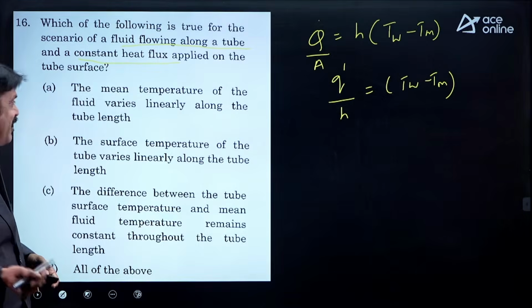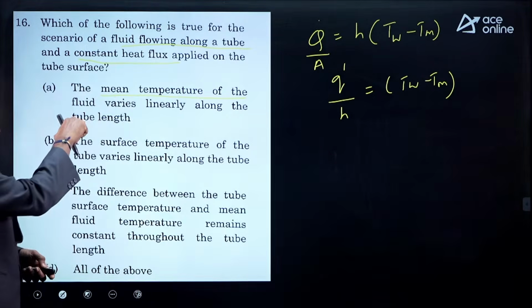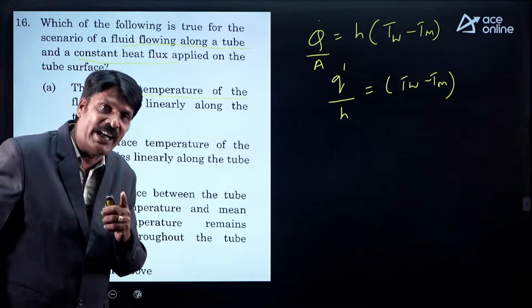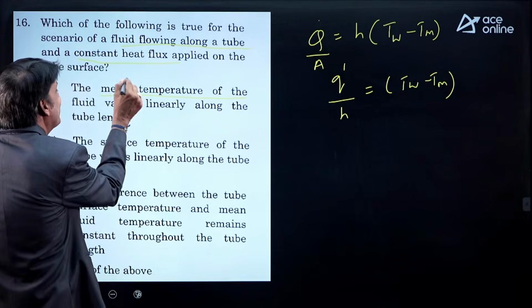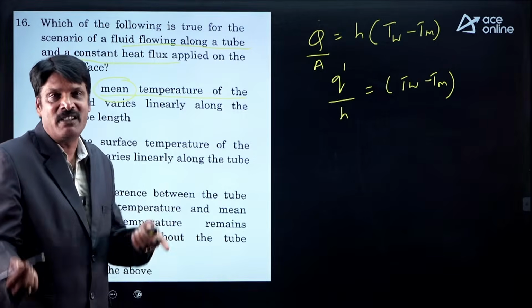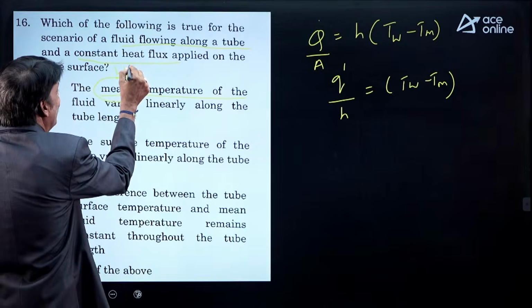Why does it happen? Because the mean temperature, if you say it is just temperature, the statement would be wrong, but it is not just temperature, it is a mean temperature. We call it by a beautiful name, bulk mean temperature. In fact, they should have used that word bulk.